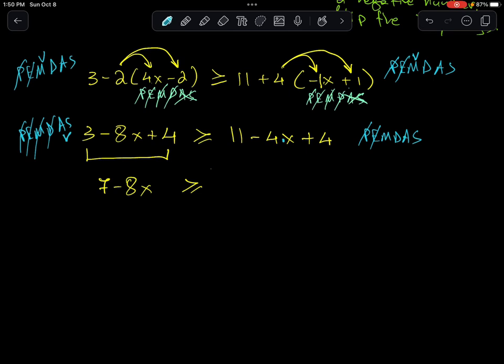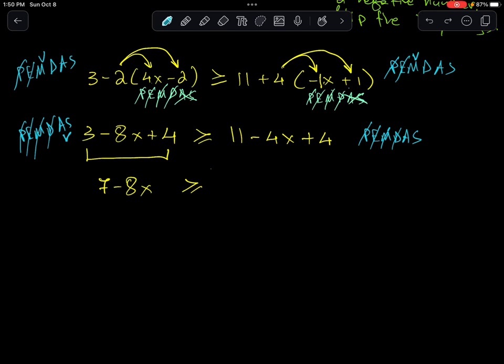Negative 4 times x, but I don't know what x is, so I can't do it. Division? No. Addition, subtraction? Yes. Let's see if I can do any of those. Can I add or subtract 11 and 4x? No, they're not like terms. Can I add or subtract negative 4x and 4?